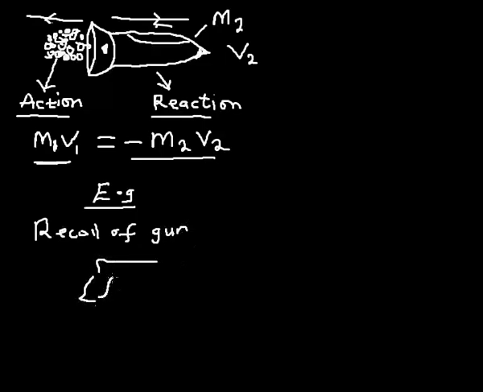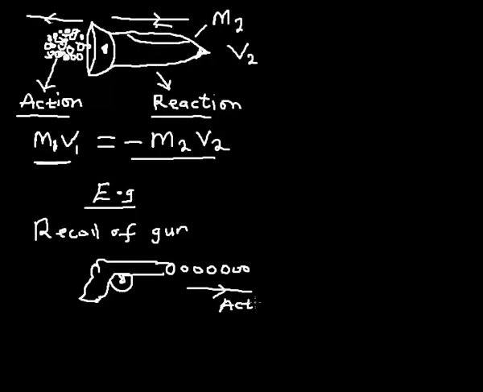A reaction takes place in the gun, where you have some explosive inside, so that when the trigger is pulled, the gun releases a bullet with a very high velocity, creating a momentum, an action.